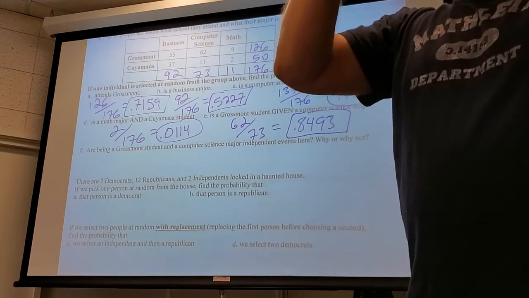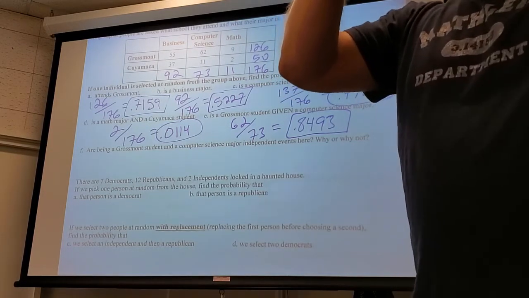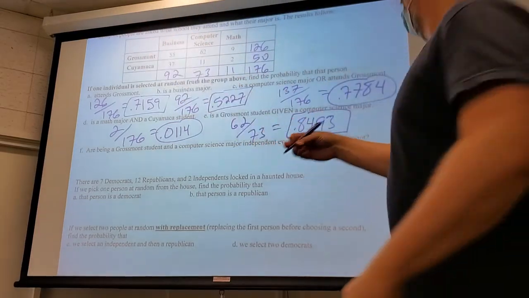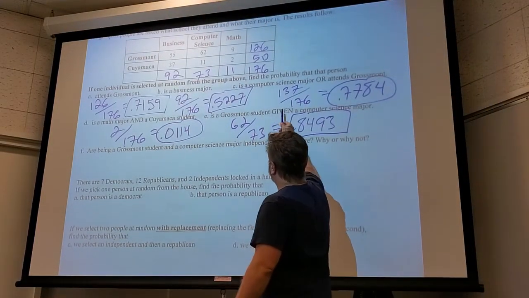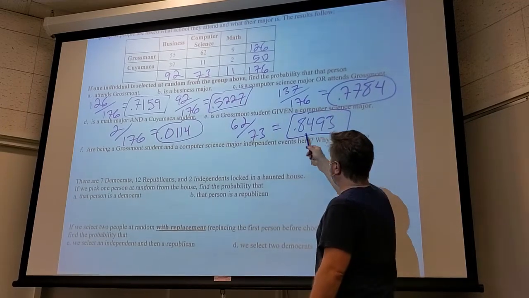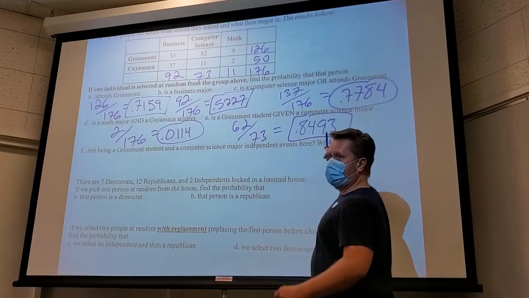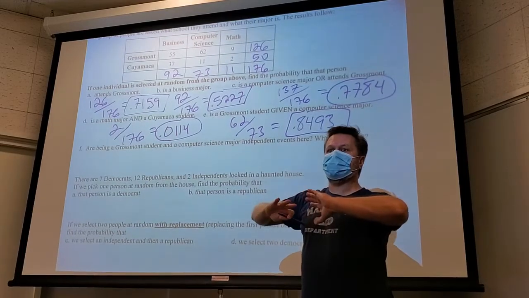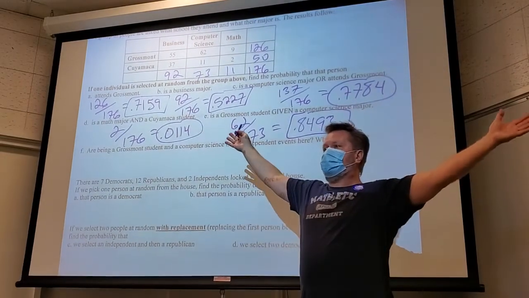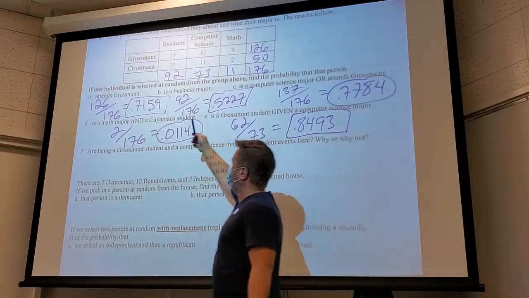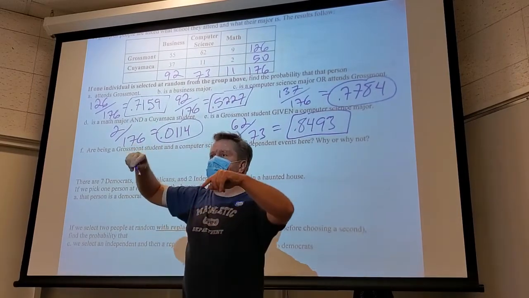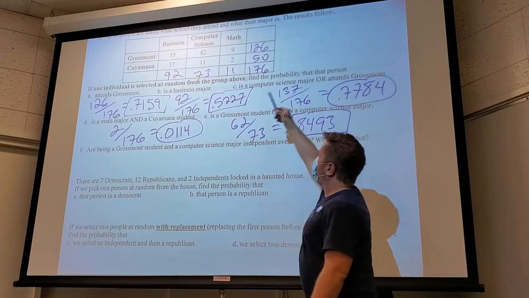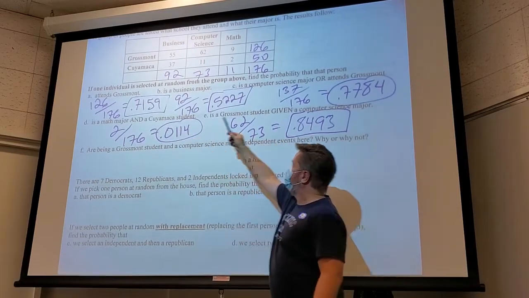That's the only probability that thinks about, well, if one happens, what happens to the other one? So here, look. The probability that a Grossmont student, given that I know they're a computer science major, is this. But what's the probability they're a Grossmont student if I don't have a clue if they're a computer science major or not? This, yes? So if I know that they're a computer science major, does the probability they're a Grossmont student change?